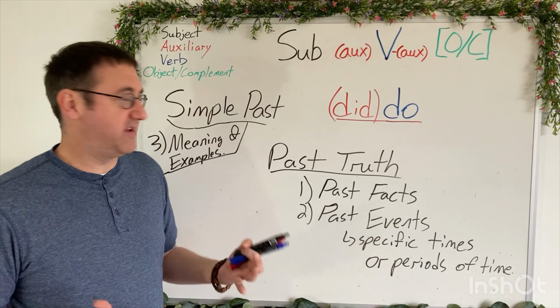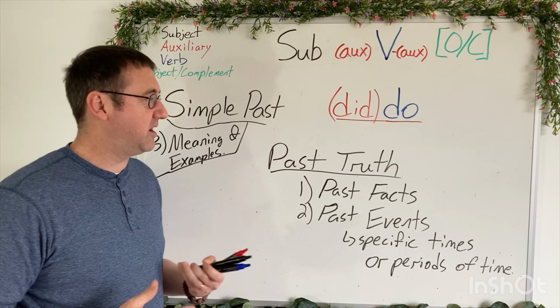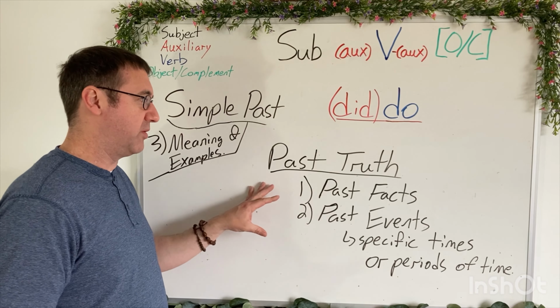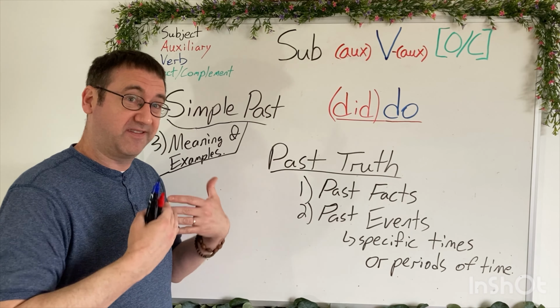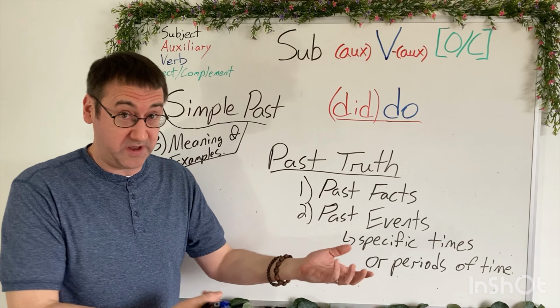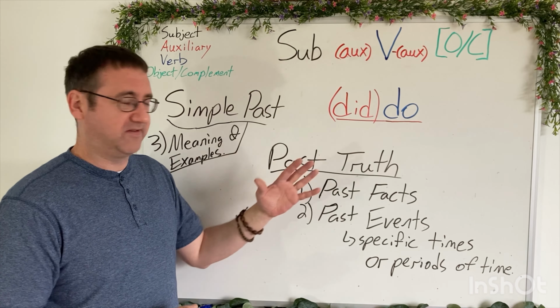Okay, before we get to the examples, let's just take a moment to talk about the meaning of did do, okay? So when we use did do in English, what we're really trying to represent is past truth. Just like simple present is for present truth or future truth even, we talked about in one of the previous videos. Past truth is did do.